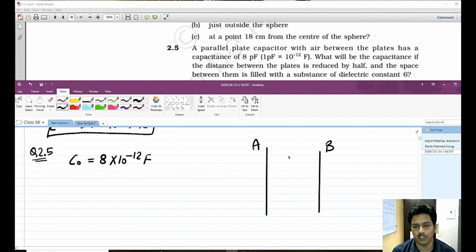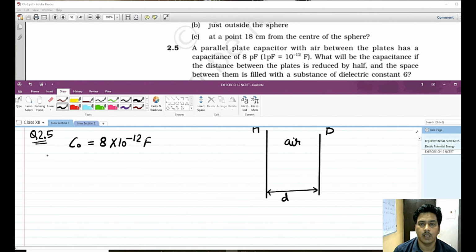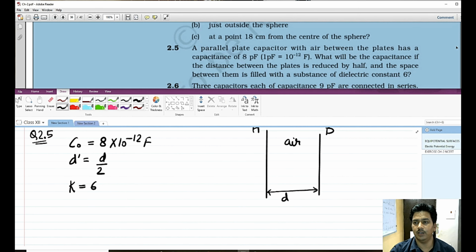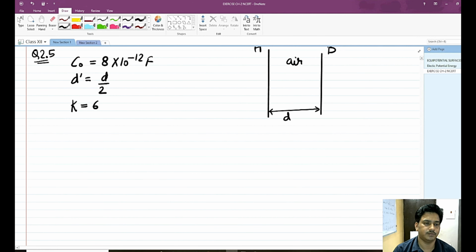Right now there is air, and let us take the separation between the plates as small d. What will be the capacitance if the distance between the plates is reduced by half, that is d by 2, and the space between them is filled with a dielectric of dielectric constant 6? So we have to calculate the new capacitance.